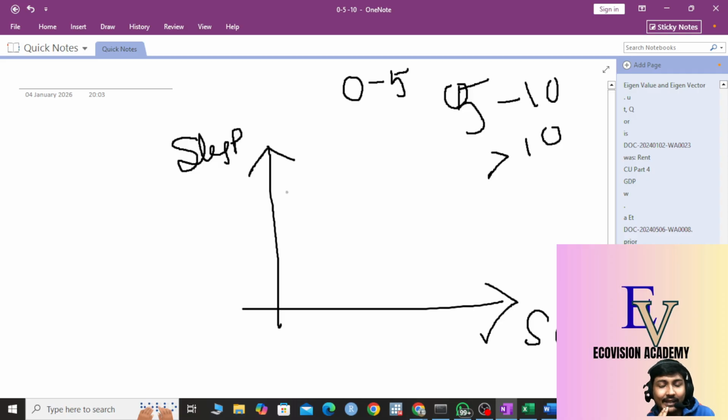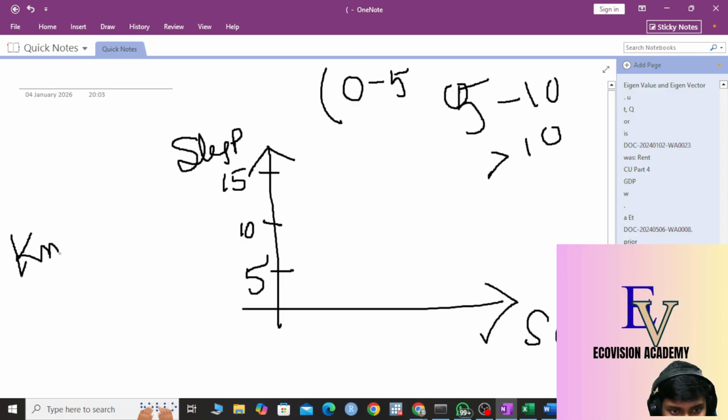But what does spline regression do? Suppose this is my 5, this is my 10, and this is my 15. These are known as knots. Knots mean the categories.